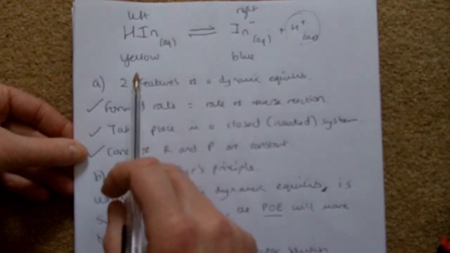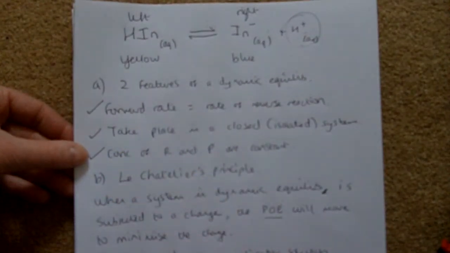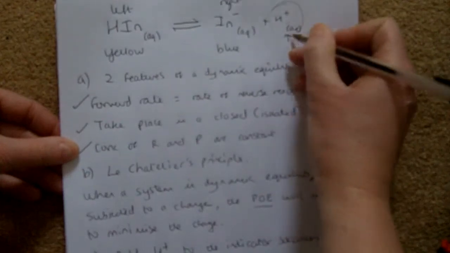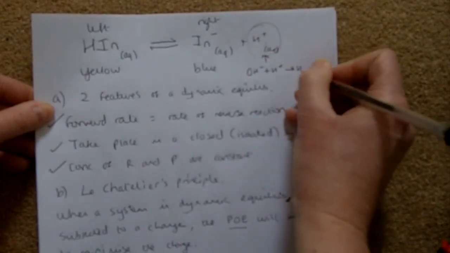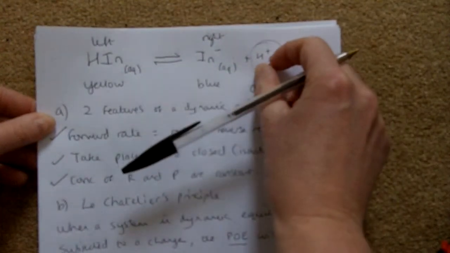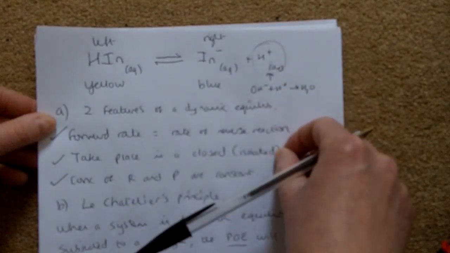So what's going to happen now? Okay, so if you add sodium hydroxide, it is going to react with the acid because sodium hydroxide is an alkali. So sodium hydroxide will react with the acid to form water. It will remove, so it's effectively removing the acid.